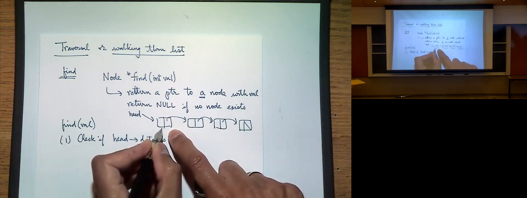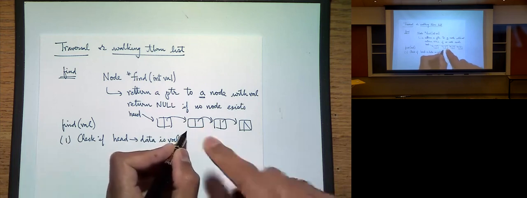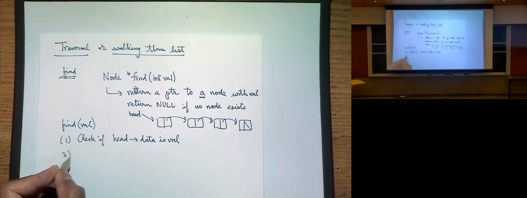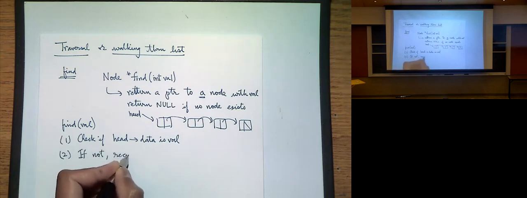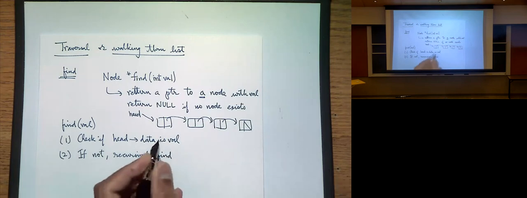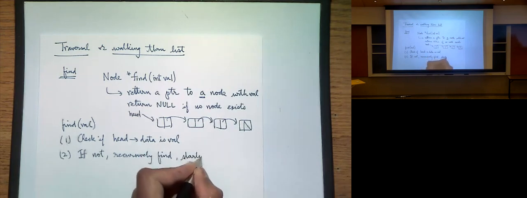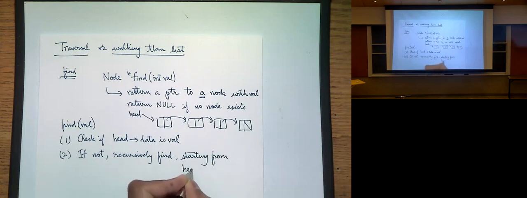If head doesn't have the data, recursively find starting from head arrow next.